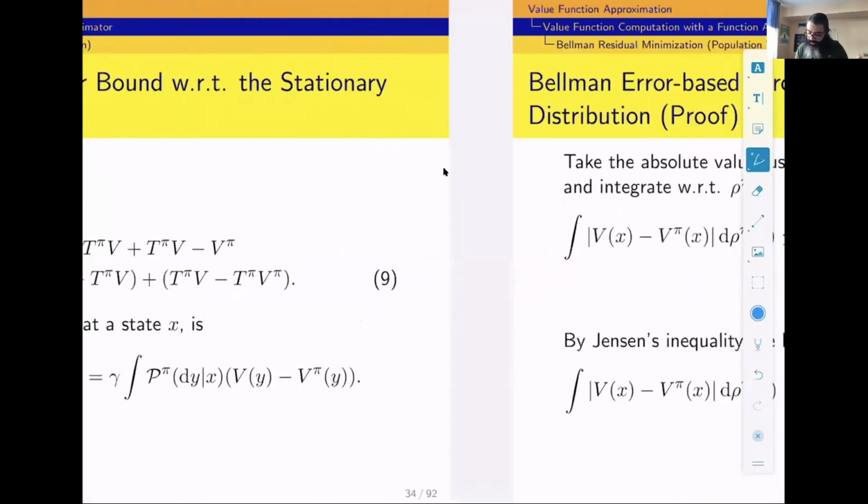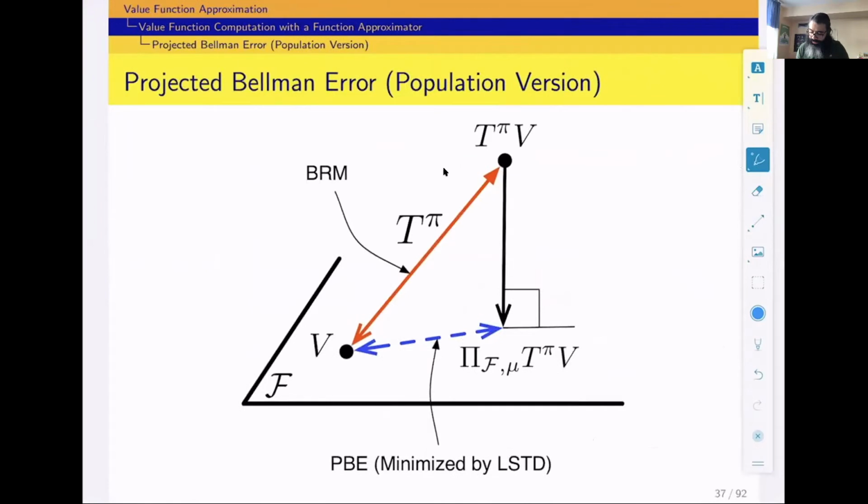Okay, so we talked about those slides and stopped here, and I now want to talk about something called the projected Bellman error.